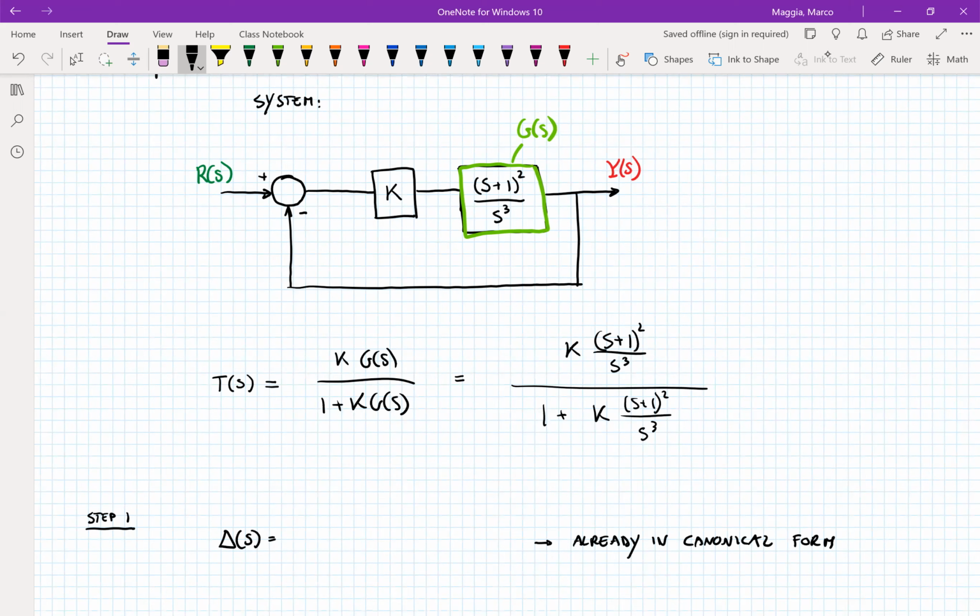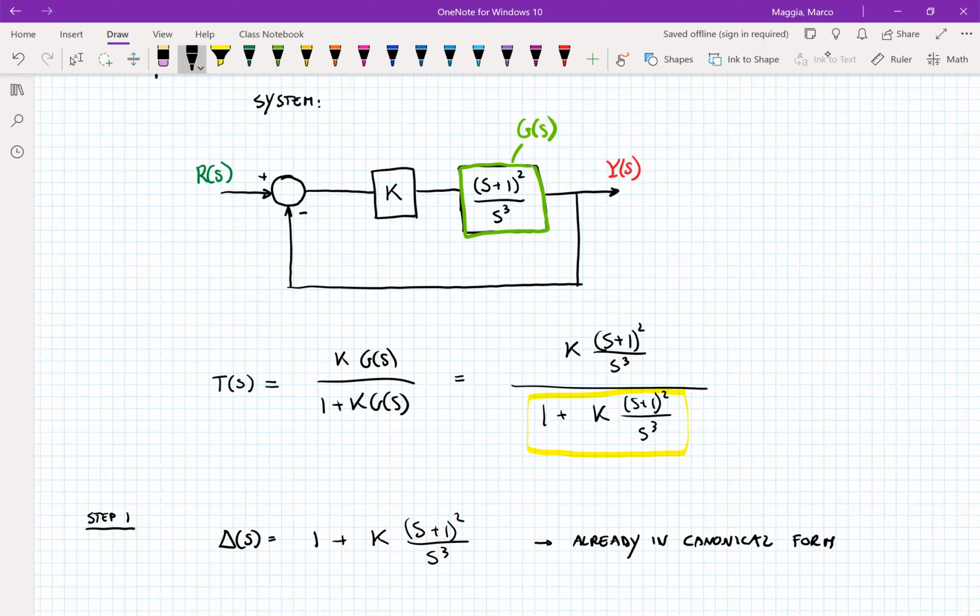All right, before doing anything else, let's take a look at the characteristic polynomial, which is the denominator of T of s.